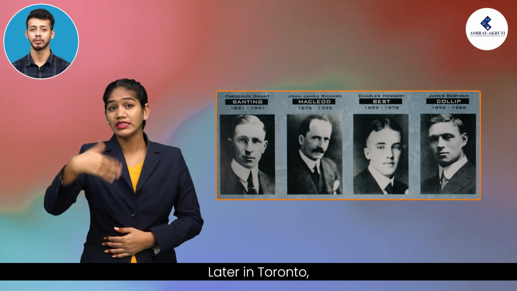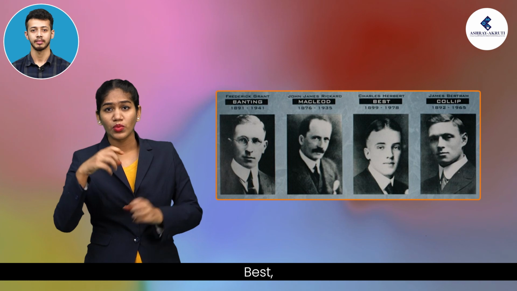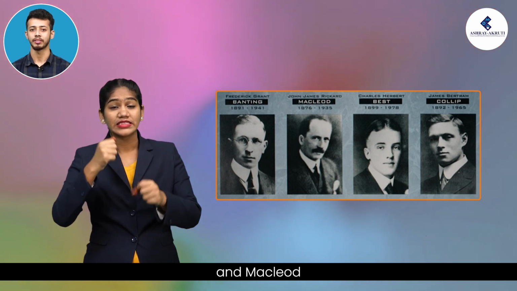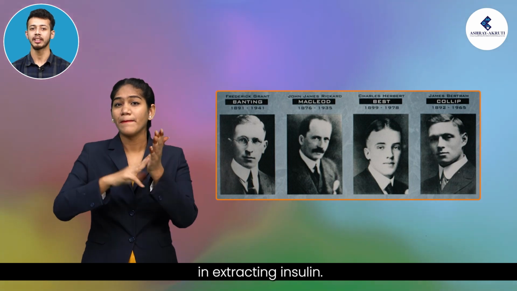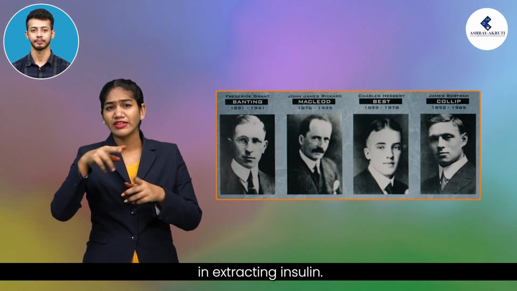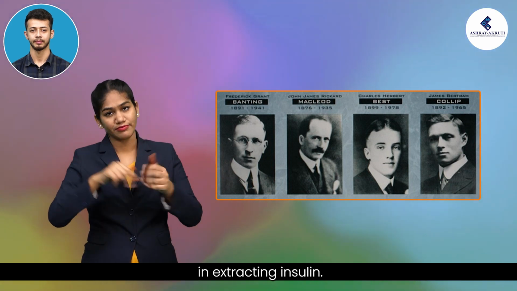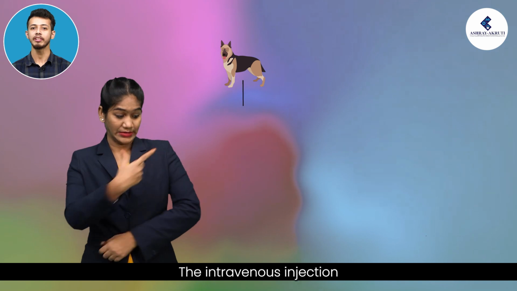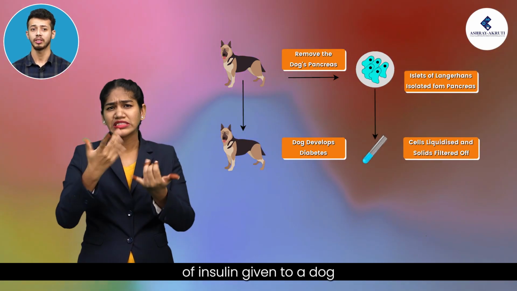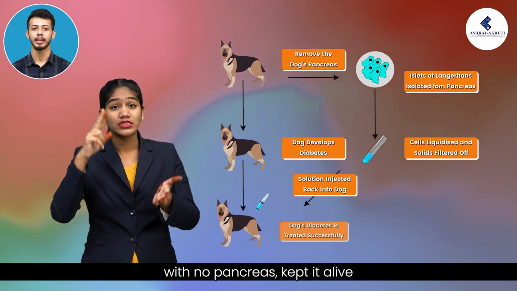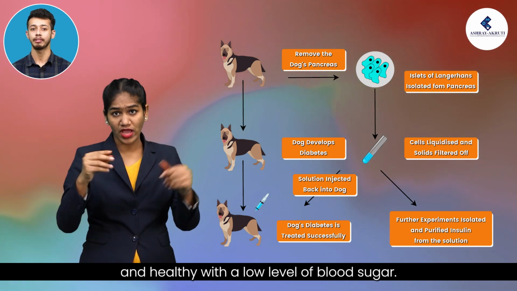Later, in Toronto, Banting, Best, and MacLeod finally succeeded in extracting insulin. The intravenous injection of insulin given to a dog with no pancreas kept it alive and healthy with a low level of blood sugar.